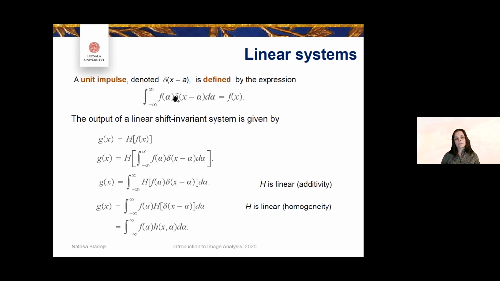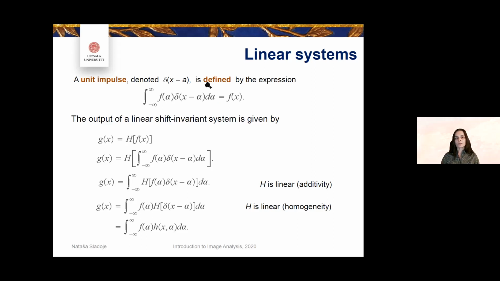If we want to find some intuition behind it, we can say that this is essentially very similar to sampling. We have function values at certain points alpha, we have impulses at these locations, and we multiply our function with the impulses and then integrate over the whole range.